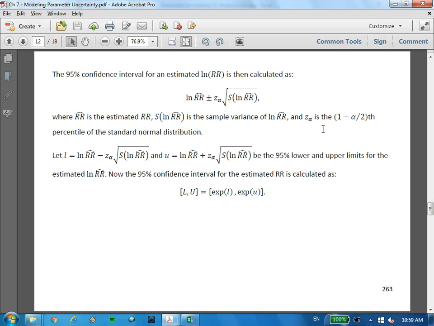This is the 1 minus alpha over 2 percentile of the standard normal distribution. And this is the sample variance of this expression. And we take the square root, so this is the confidence interval that they report. So the confidence interval that you see is coming from this calculation.